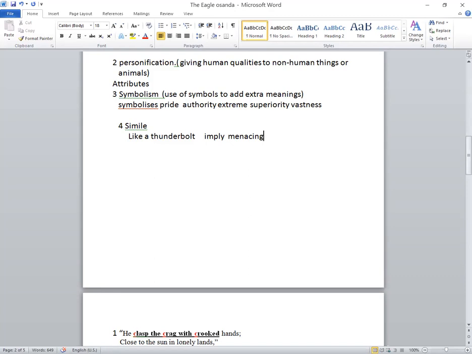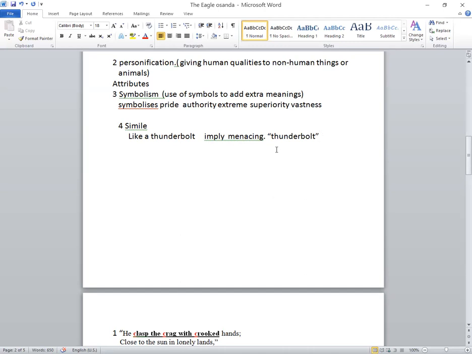He takes the simile 'thunderbolt'. Next sentence. He takes the simile 'thunderbolt'. Highlight thunderbolt. You know how to highlight. This is how you highlight in poetry. Don't use any highlight pens. You have to use inverted commas to highlight anything taken from a poem.